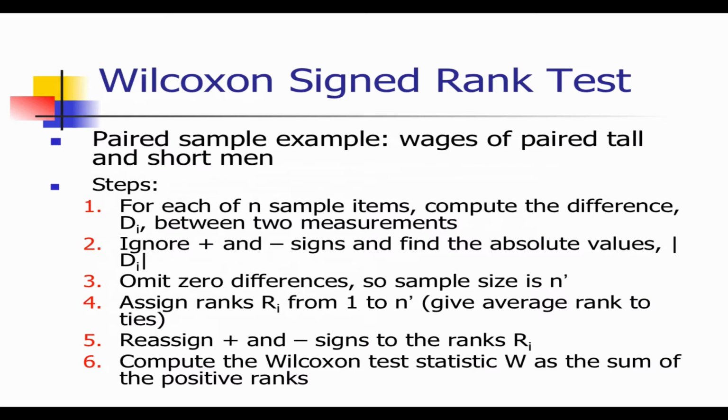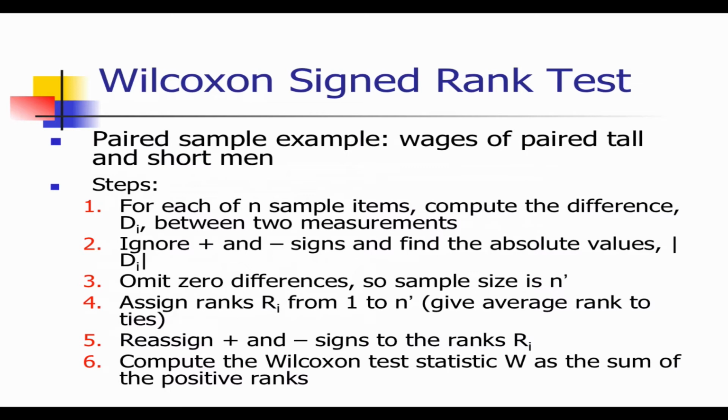So here we have male samples. Essentially the sampling is we got one tall guy and then a paired short guy. They have similar position, similar experience, and we ask for their salary.